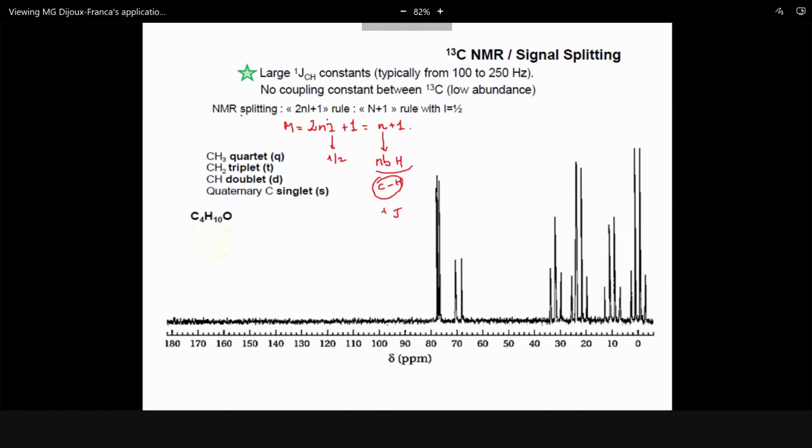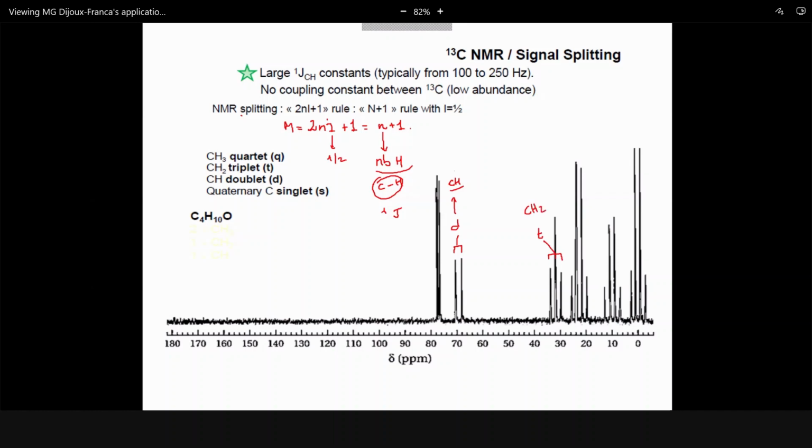So if you see on the spectrum a doublet, you should think that this is a CH group. If you have a triplet, that means that you have a CH2.